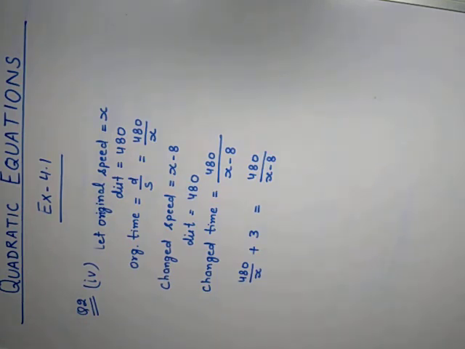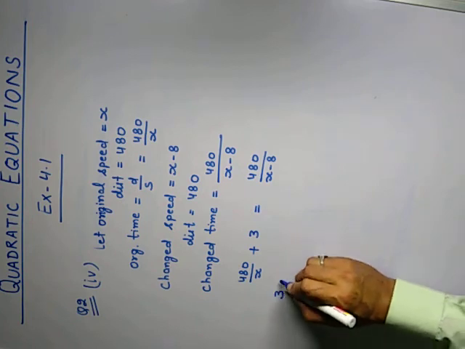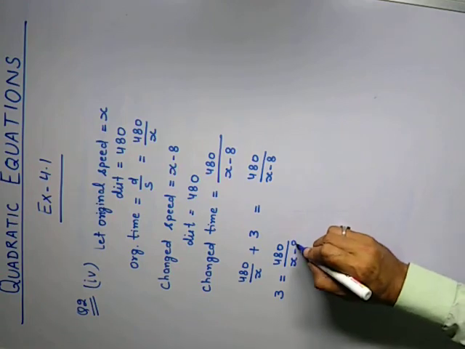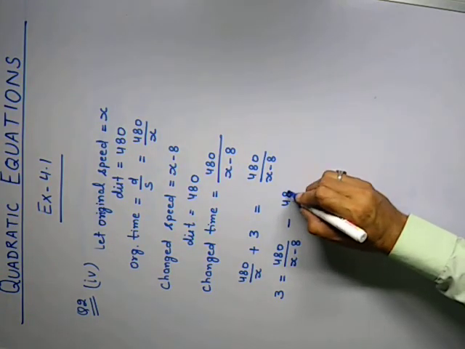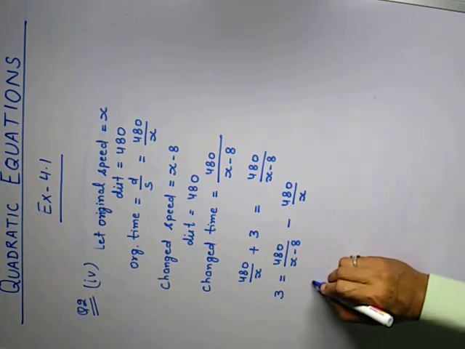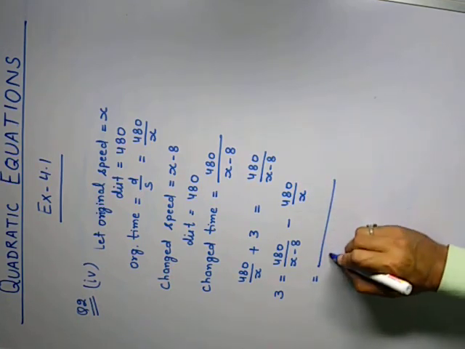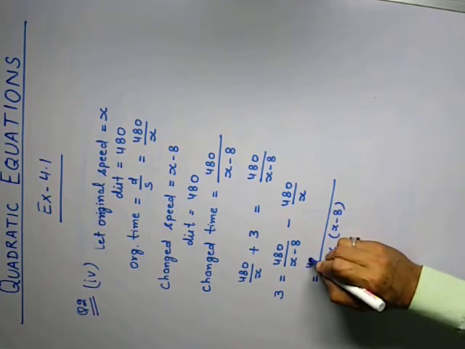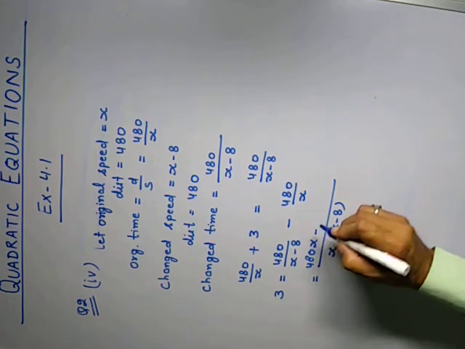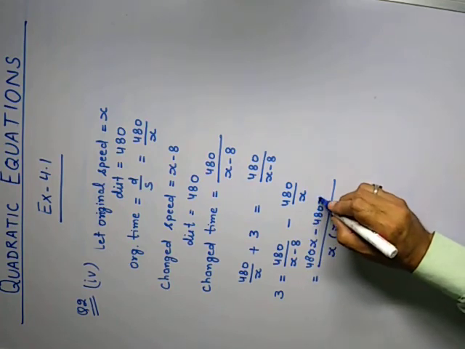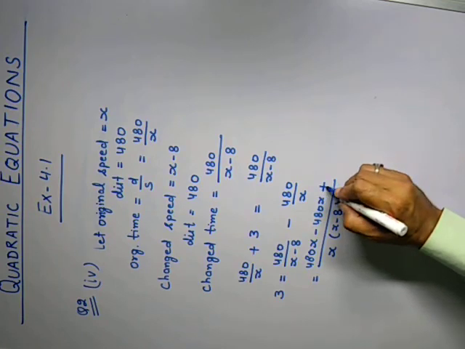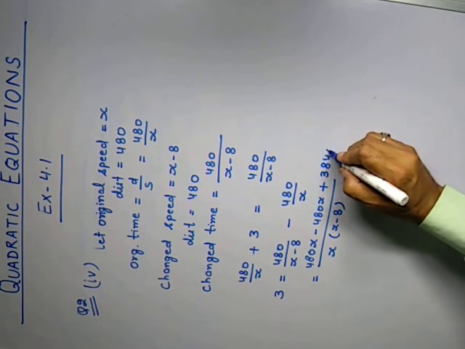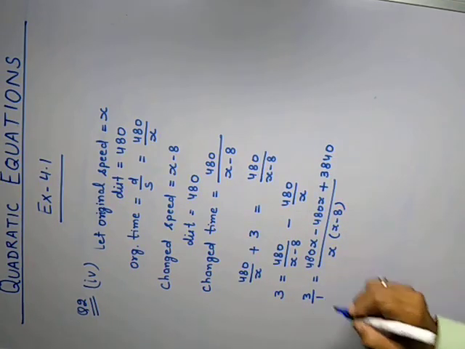Now we have to simplify it. So 3 as it is, 480 upon x minus 8 minus 480 upon x. If we take the LCM, x into x minus 8, so numerator will be 480x minus 480x minus minus plus 8 into 480 will be 3840, and this will be equal to 3.